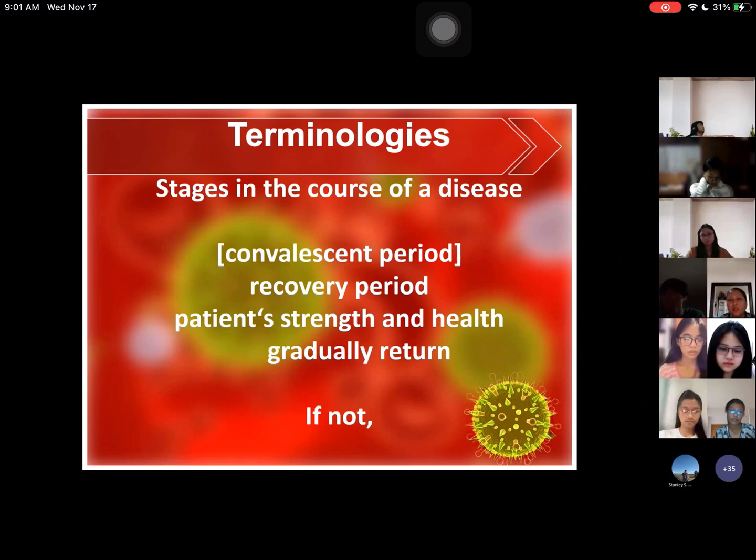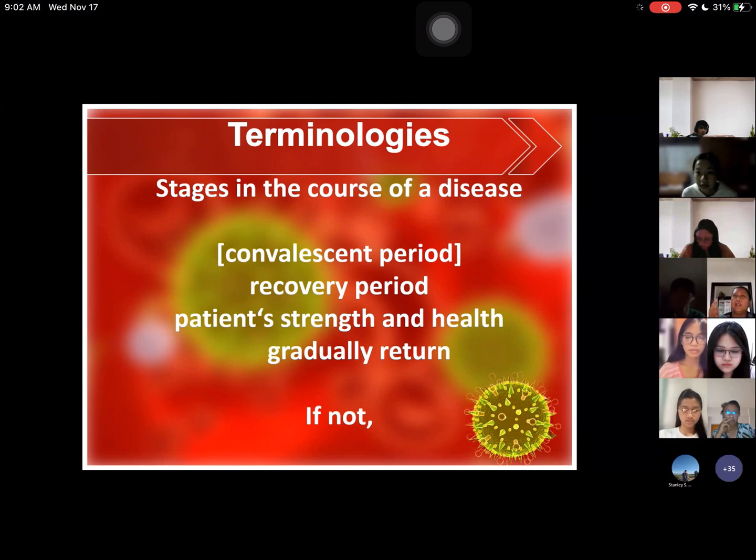So this period is actually a recovery period. If we start to feel uncomfortable with our status, we actually have the first medication, right? We have the paracetamol.